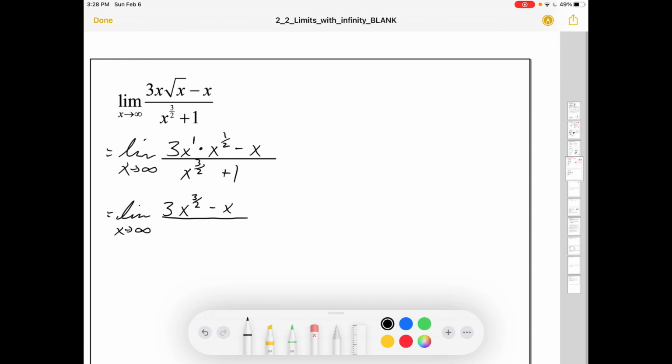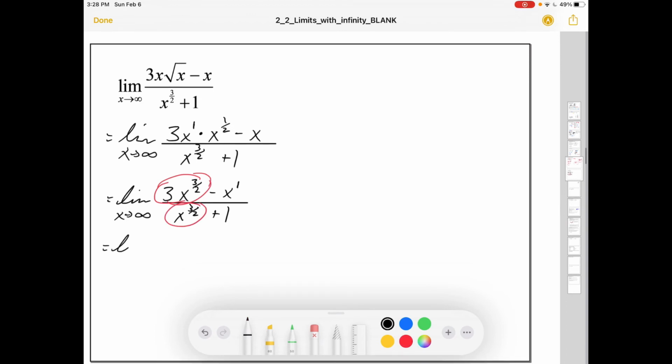And this is not the only way you could do this question, but it may end up being the slickest way. Once we see that the highest power on the top is x to the 3 over 2, because this would be an x to the 1, there's our driver on top. Here's our driver on bottom.